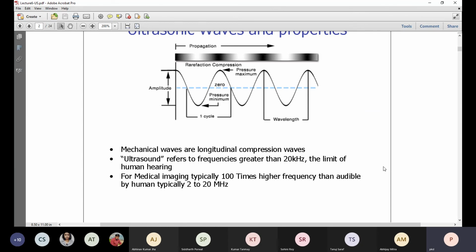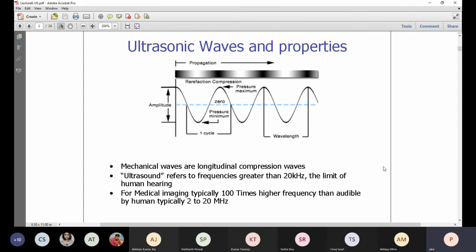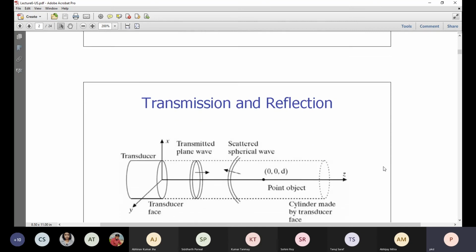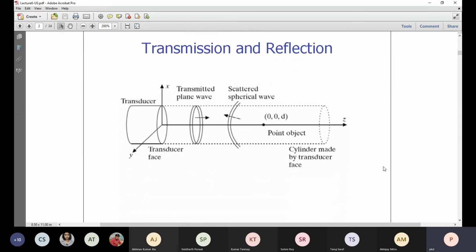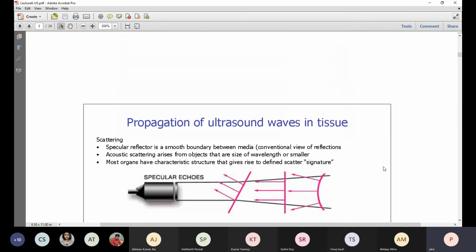So these things we have already discussed, the ultrasonic waves and its properties. We have also discussed transmission and reflections a little bit in detail.